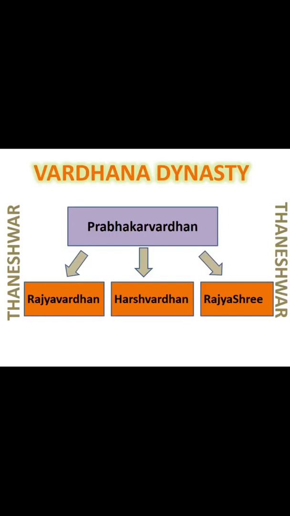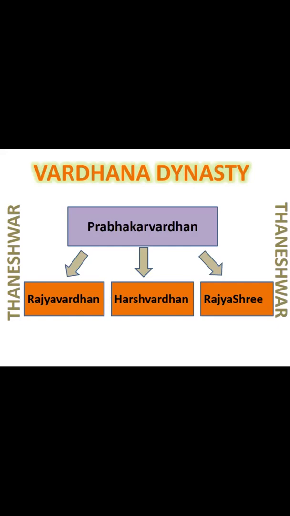The most important dynasty that ruled over the northern part of India was the Vardhana dynasty. The Vardhana dynasty ruled over Thaneshwar, present Haryana. The first ruler of the Vardhana dynasty was Prabhakar Vardhan.